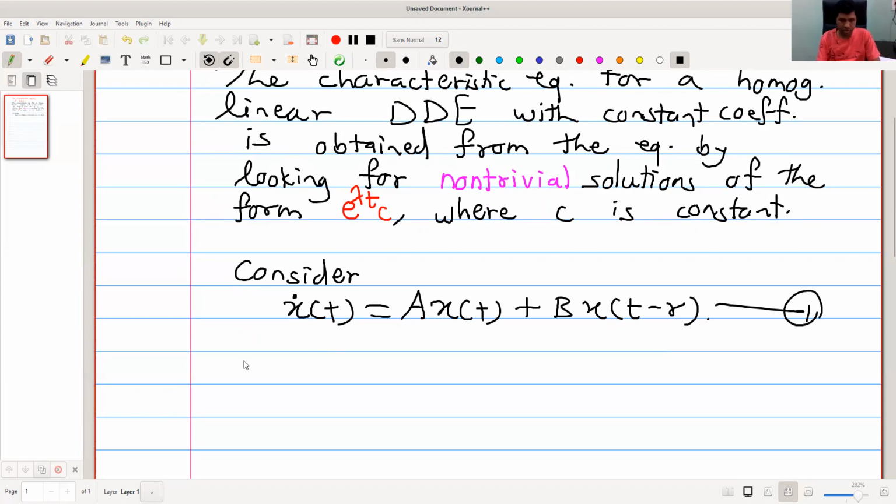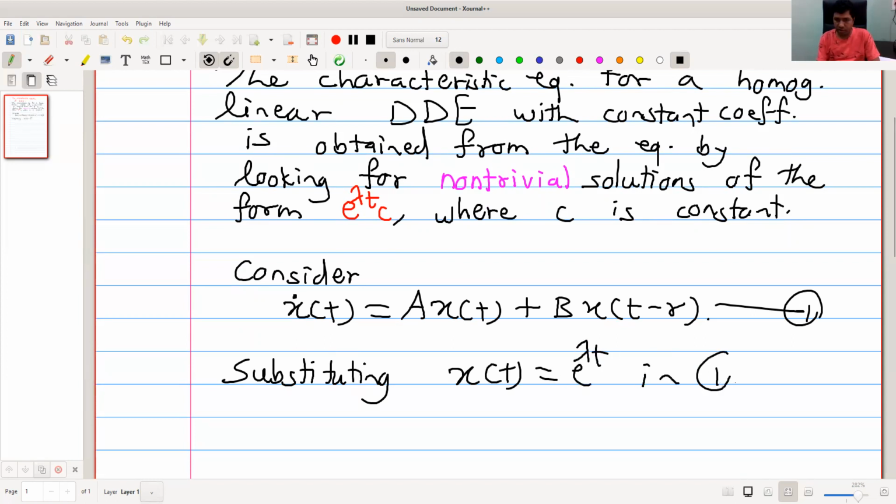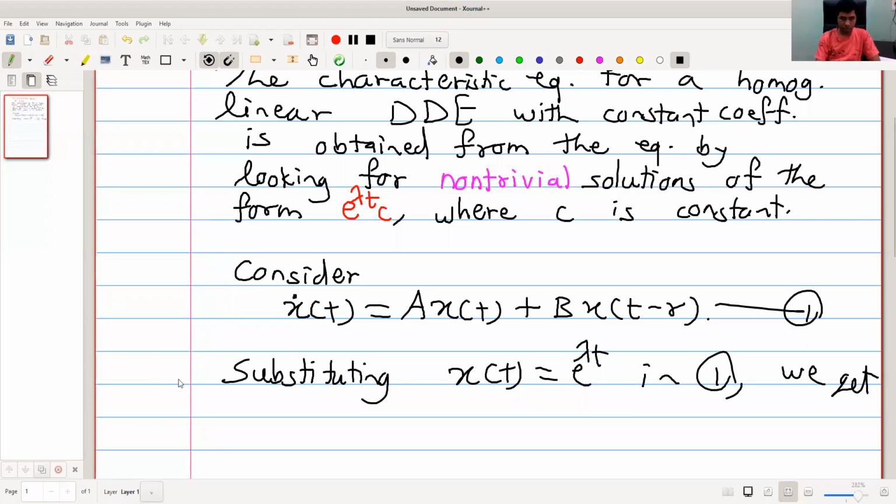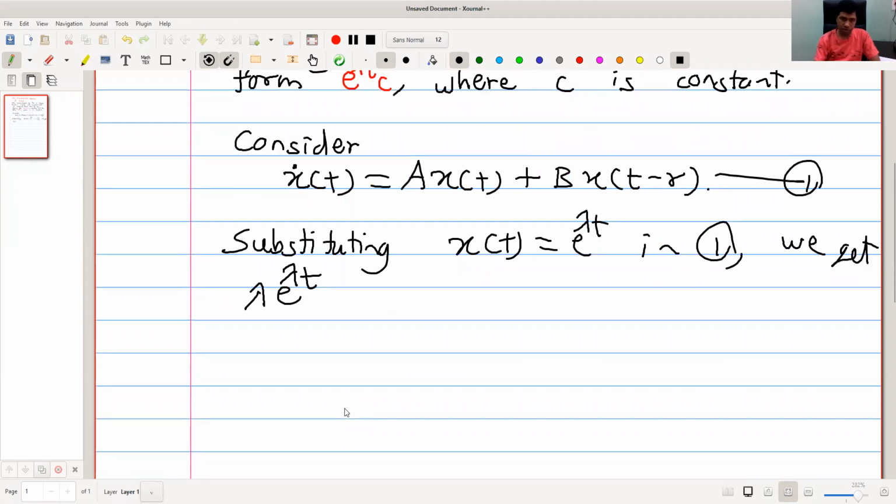Substituting x of t equal to e raised to lambda t in 1, we get, left hand side becomes lambda e raised to lambda t, and right hand side a e raised to lambda t plus b e raised to lambda t minus r.